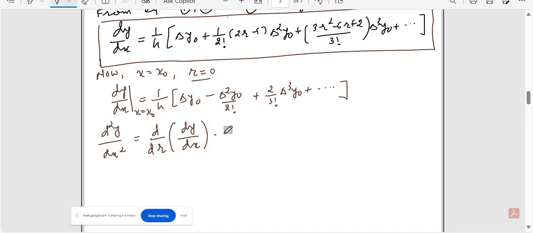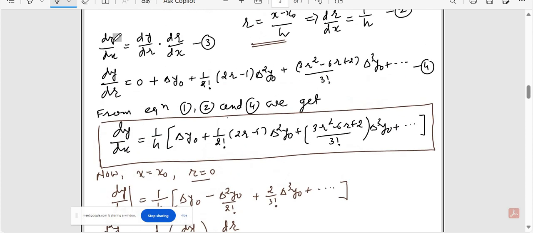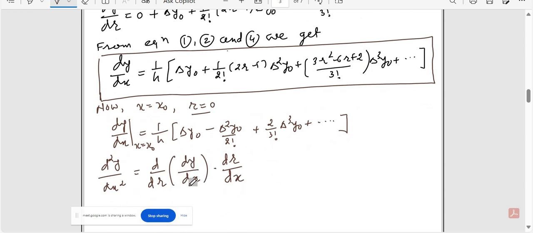This is the chain rule. Here we want to differentiate y, so dy by dr is there. Now here y is replaced by dy by dx, so this will be transferred into dy by dx. You can see. Understand?